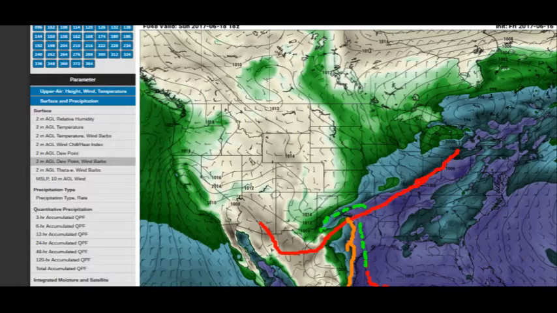So it looks like maybe a little bit of upslope activity from Vernon to about maybe Snyder, Jayton, along the Cap Rock there. Maybe some potential there. It looks like we got a little bit of an intersection with the boundary there. So maybe that's probably the best chance for storms right around Dallas, Lake Texoma, up in that area, I would think.